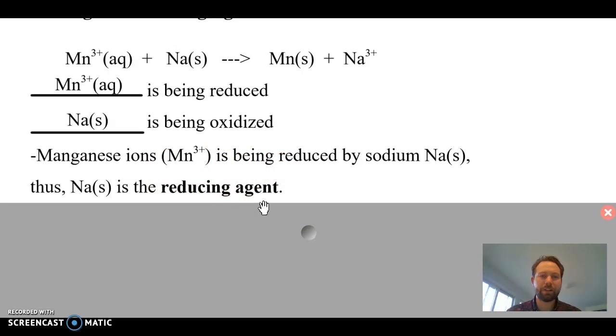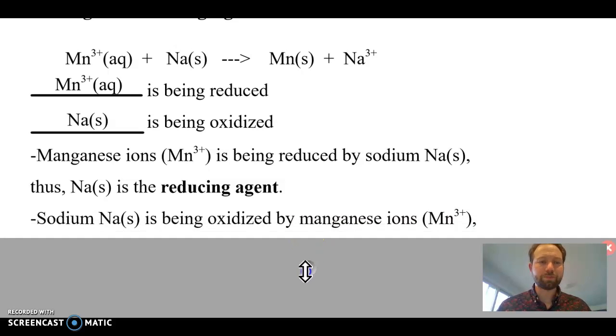This is a little bit confusing, but it should make intuitive sense. If manganese is the one being reduced, then the thing that helps it be reduced is the reducing agent. And how did sodium help it? Sodium gave electrons to manganese. So we call sodium the reducing agent, or the reducing helper, if you want to call it, but it's technically called the reducing agent.